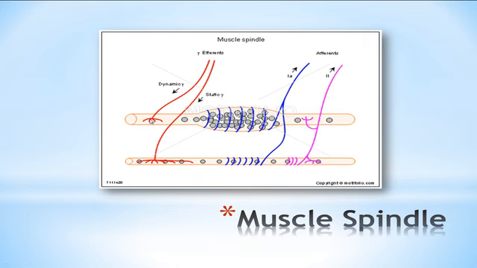So it's an intrafusal muscle fiber, and when it contracts, it can stimulate the nuclear bag and the nuclear chain the same way that a stretch can do it, which means the muscle spindle has the ability to self-regulate and increase both the tone or a contraction within the extrafusal fiber.